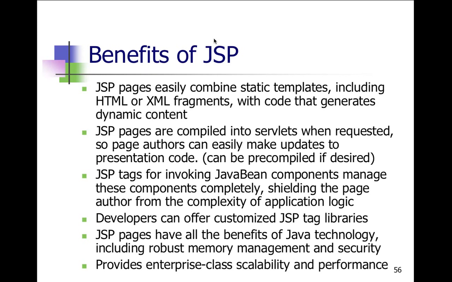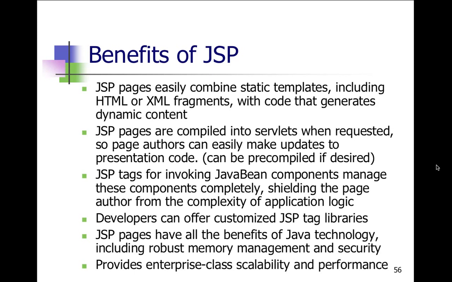The JSP tags are used for invoking Java Bean components. They manage these components completely, shielding the page author from the complexity of the application logic. Well, you're using a scripting page to make an instance of a Java Bean, or to not make an instance, but to call features, run methods on a Java Bean, which is kind of interesting.